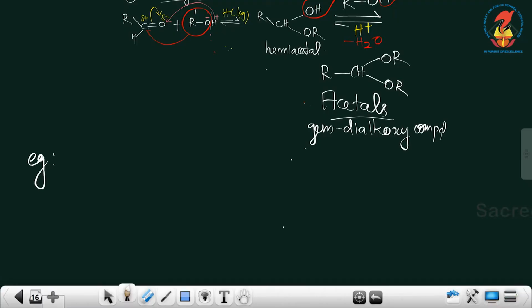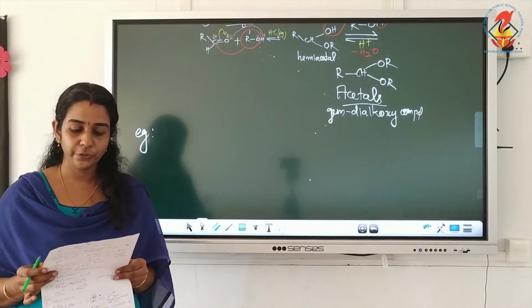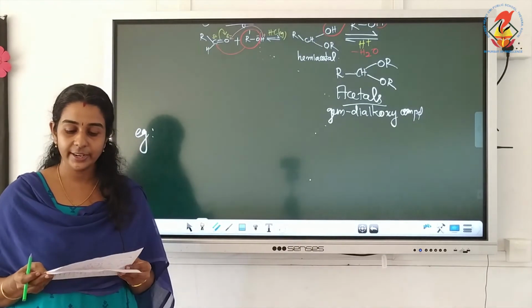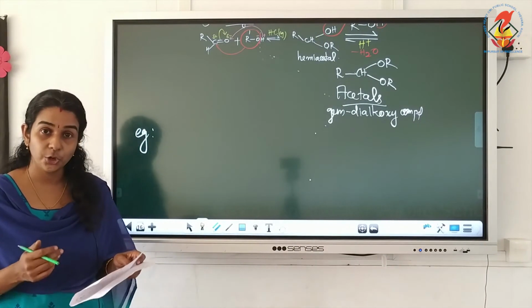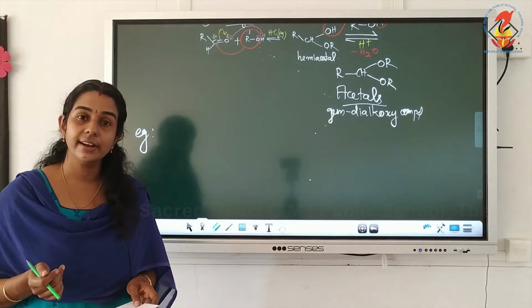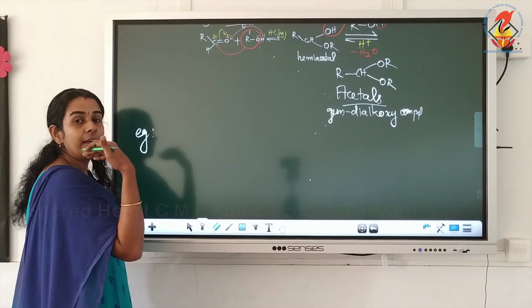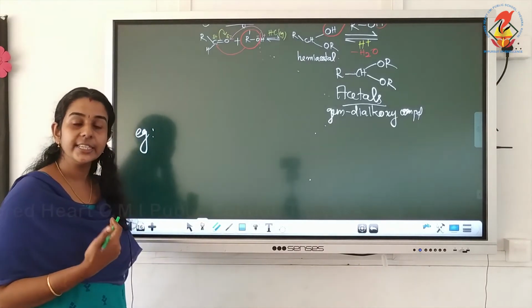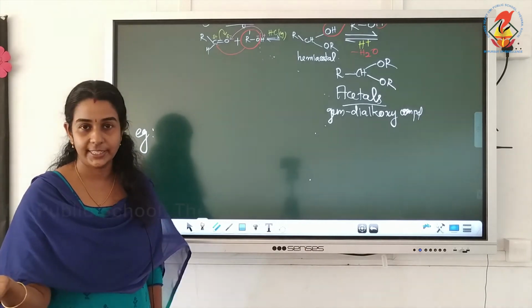Examples of this reaction. The question is to draw the structure of acetaldehyde dimethyl acetal. Now, if the alcohol reacting is methanol, it will be called dimethyl acetal.